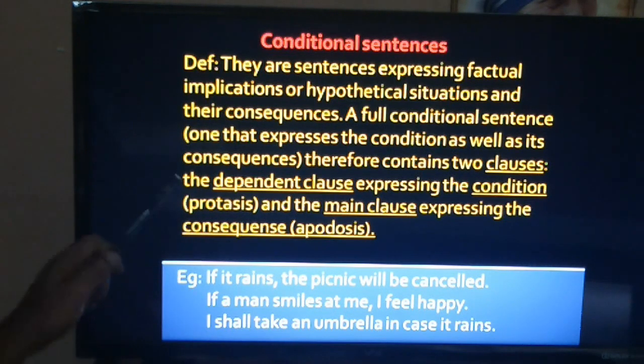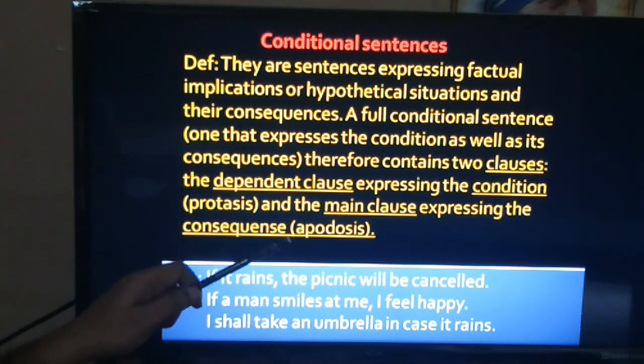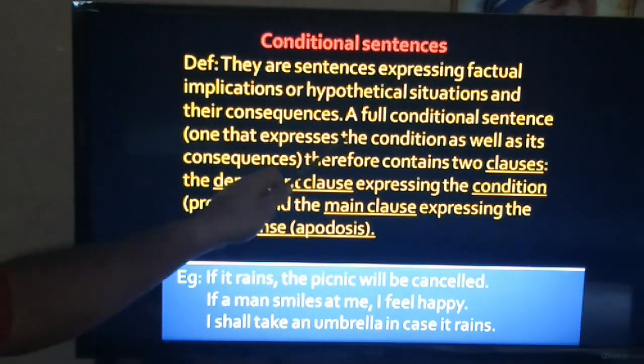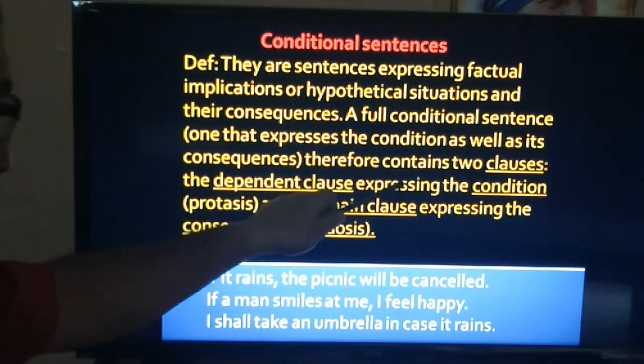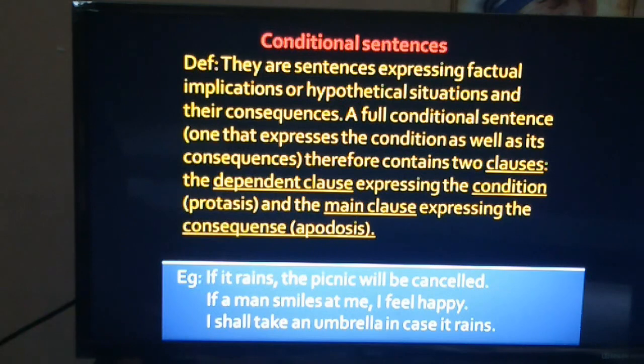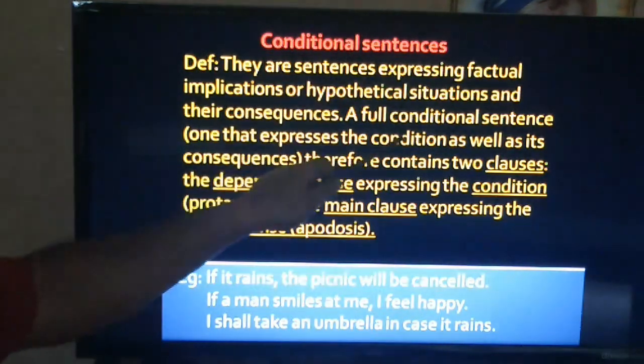The dependent clause with if is the conditional clause, and then there is the consequence of this condition, which is the main clause. So a full conditional sentence contains 2 clauses.